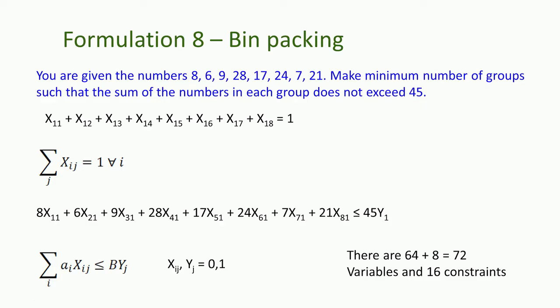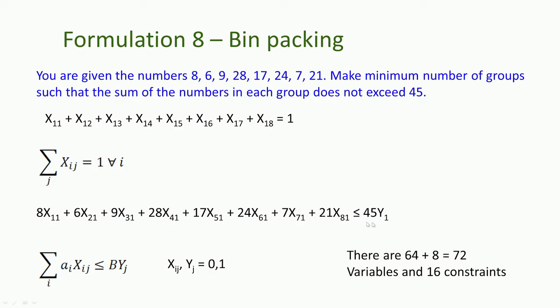Each number should belong to only one group. So, sigma xij summed over j is equal to 1. So, x11 is 1 if the first number or the first item is allotted to the first group, x21 is equal to 1 if the second item is allotted to the first group, and so on. So, all those items that are allotted to the first group, the total should be less than or equal to 45.